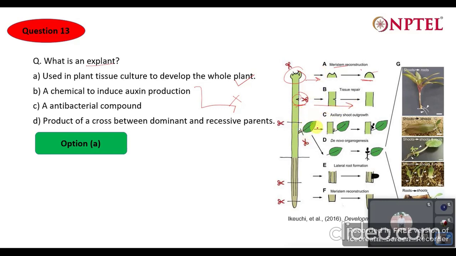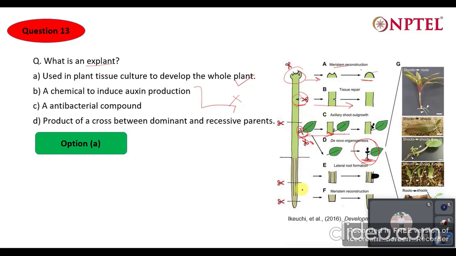If we cut a leaf and place it, then adventitious roots will grow, and an axillary shoot will grow, and as seen in this figure, organogenesis can also happen from these cut leaves if they are placed in an appropriate environment.